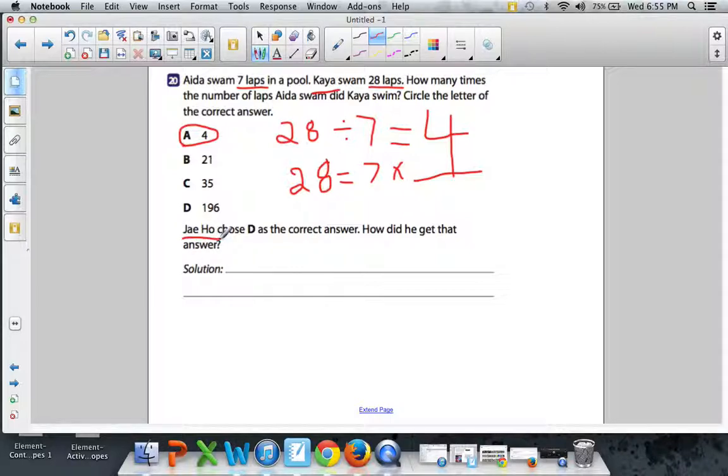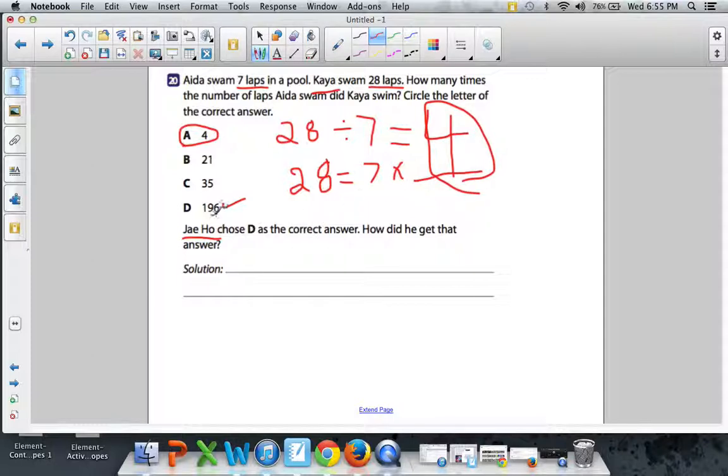Jeho, which is someone's name, chose D as the correct answer. How did he get that answer? Oh, Jay. Look how big that answer is compared to what we got. How do you think they got to 196? The real answer is 4.